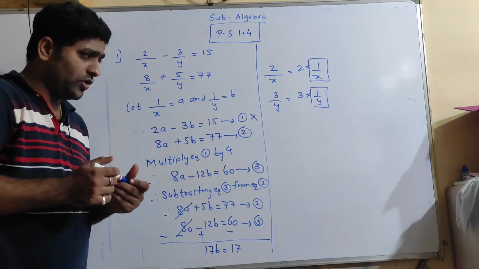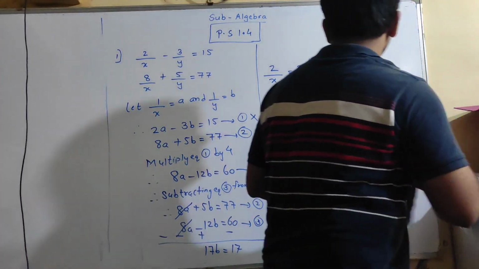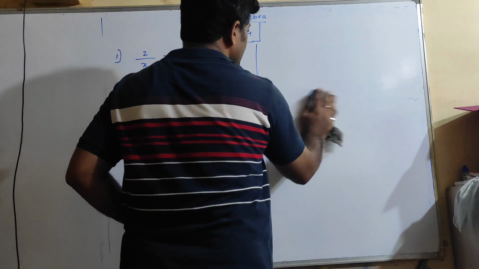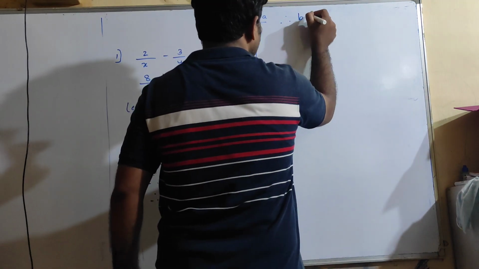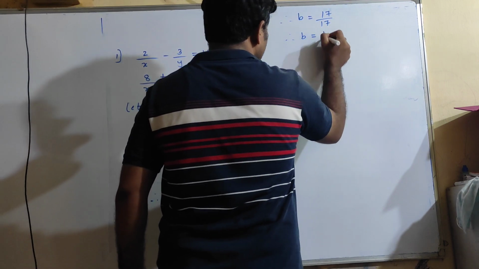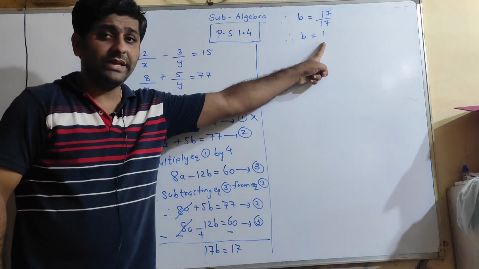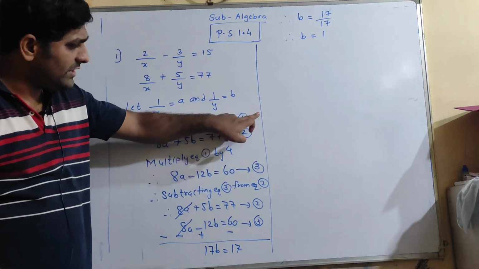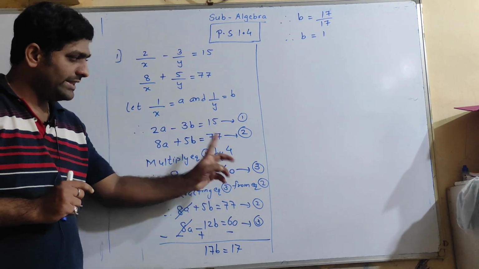Let's find the value for b now, students. In this case, we will get that b is equal to 17 upon 17. So b is 1. Now students, the moment we get the value for b as 1, all the three equations are available to us, that is equations 1, 2 and 3.